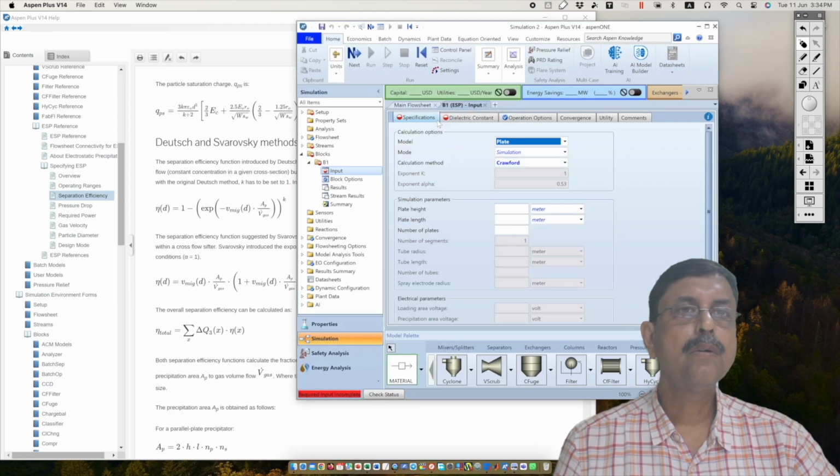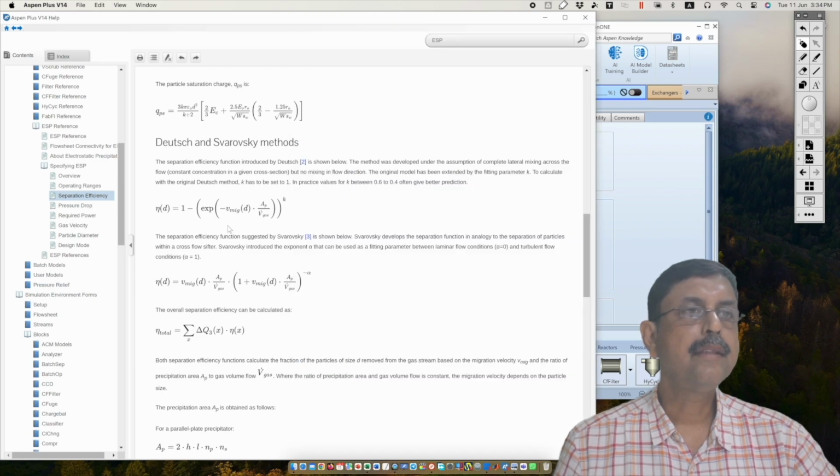Similarly, if you want to use the Deutsch model, then this is the equation you have. The separation efficiency is equal to 1 minus this expression to the power k, and the k value should be between 0.6 to 0.4.